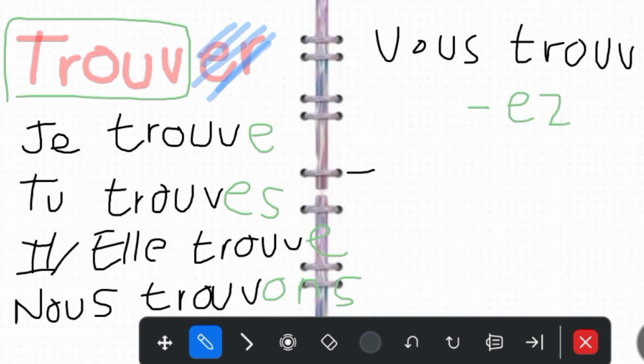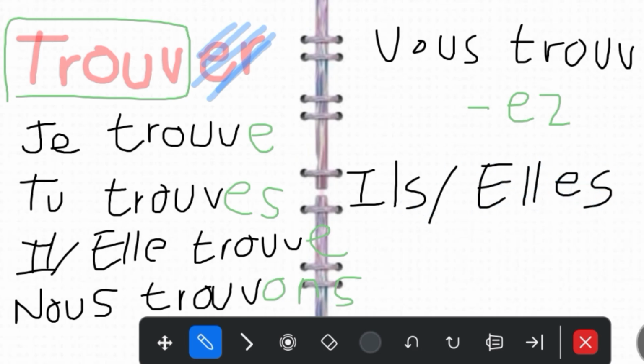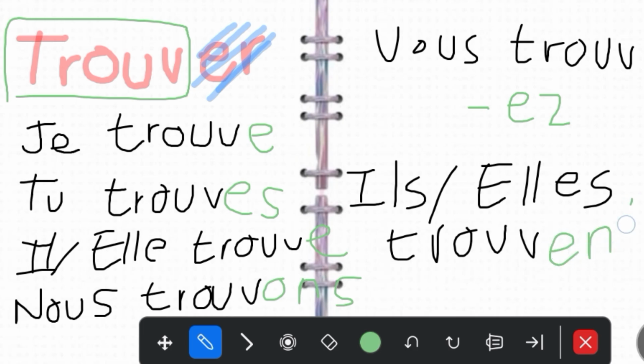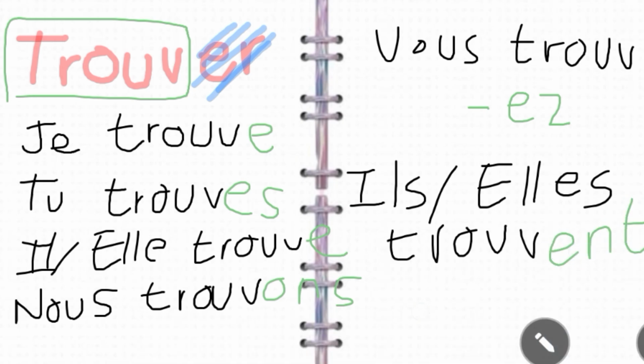We have ils trouvent, with ENT. So that's all you need to do when conjugating trouver to present tense.